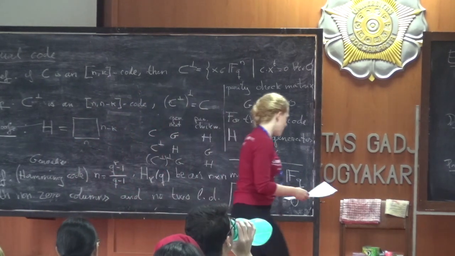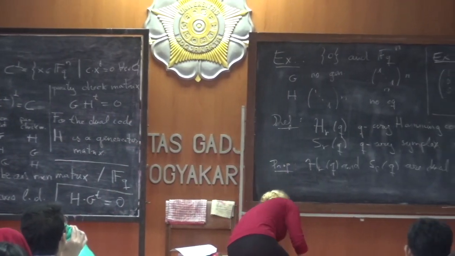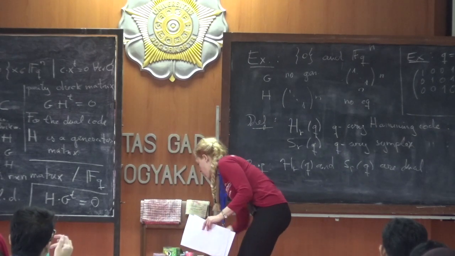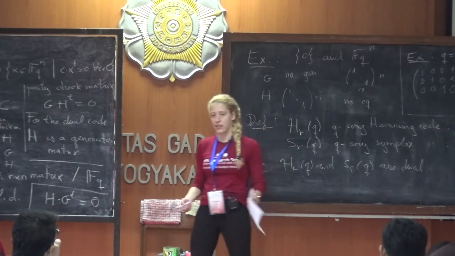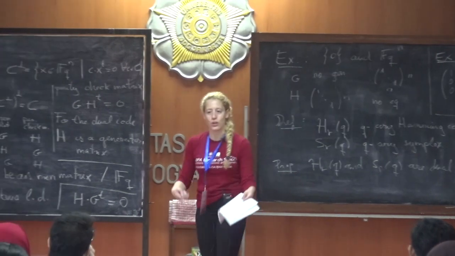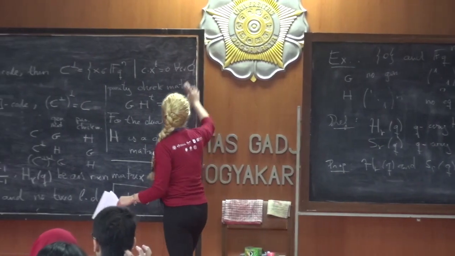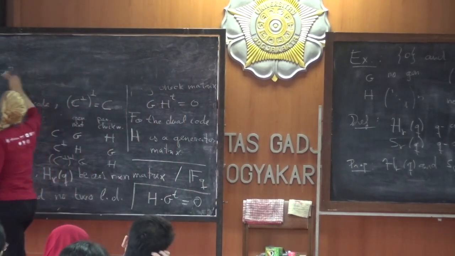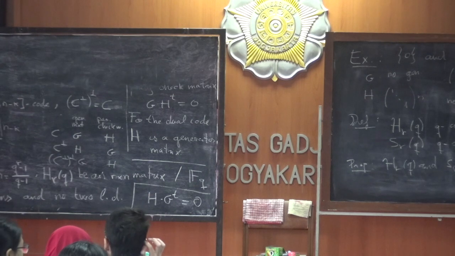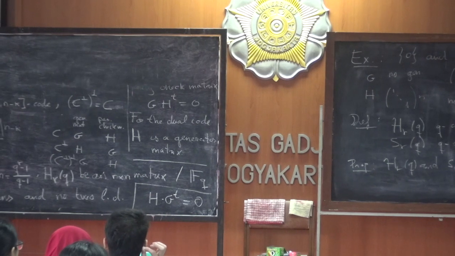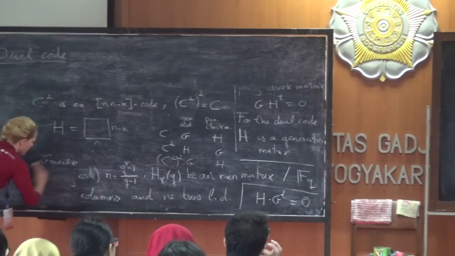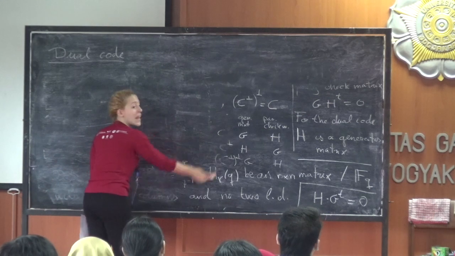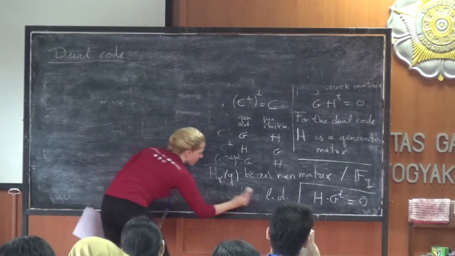Very well. Now I want to introduce another type of code that we are not going to use a lot, well, for one exercise, but it's funny. It's part of the history of coding, a famous code that was used. Now I'm going to tell you why. The codes I want to talk about now are called Golay codes.